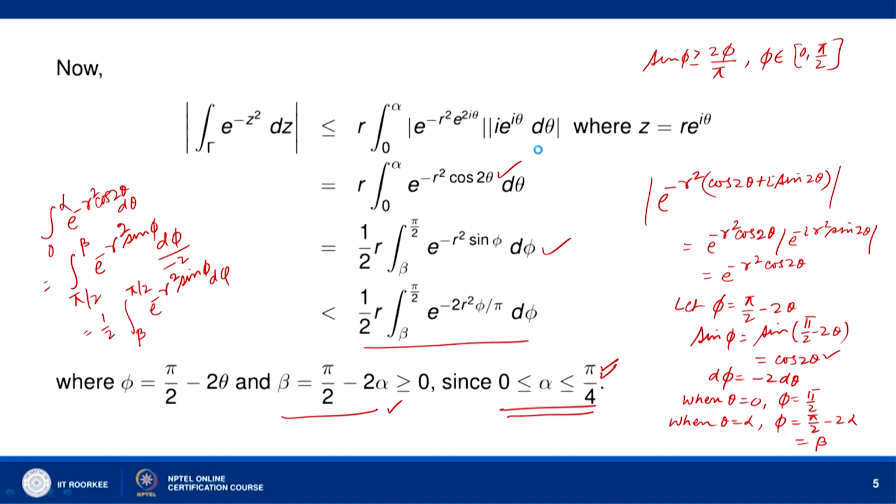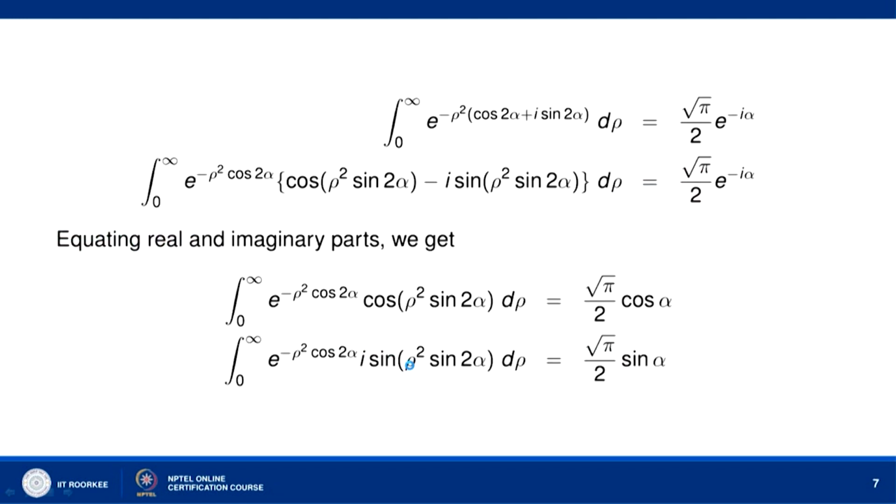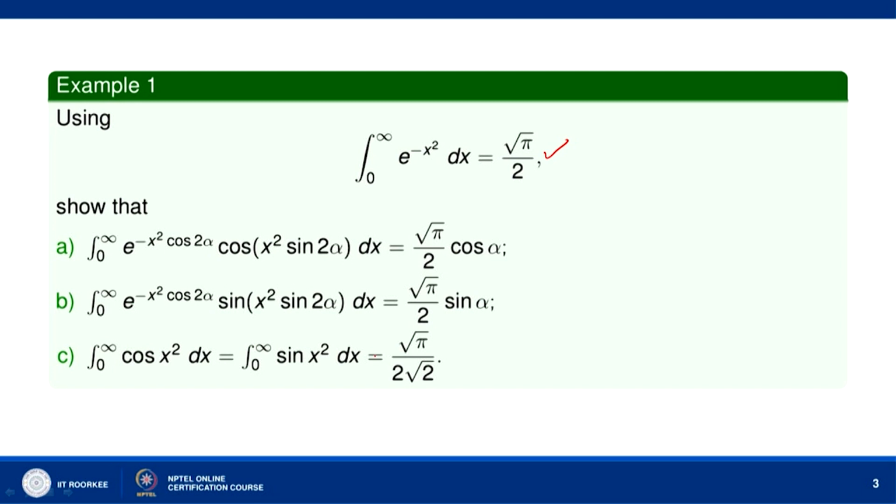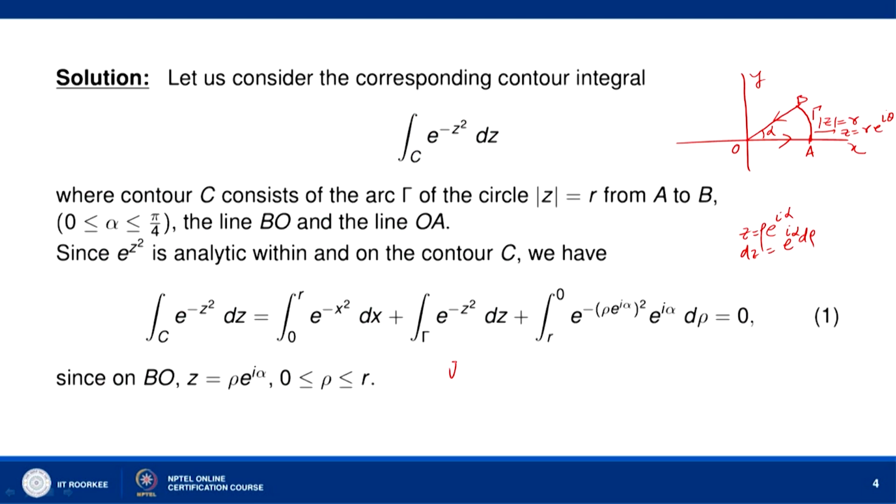So, what do we get? This we are using. So this is root pi over 2, and this goes to 0, and then we have infinity to 0 e to the power minus rho square e to the power 2 i alpha into e to the power i alpha d rho equal to 0.